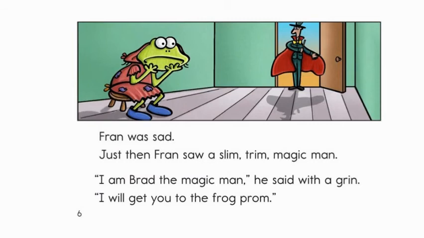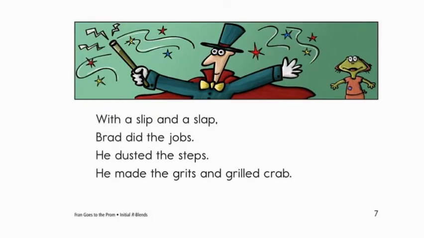Fran was sad. Just then Fran saw a slim, trim magic man. "I am Brad the Magic Man," he said with a grin. "I will get you to the frog prom." With a slip and a slap, Brad did the jobs. He dusted the steps. He made the grits and grilled the crab.